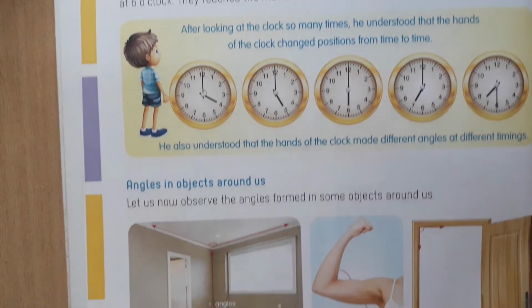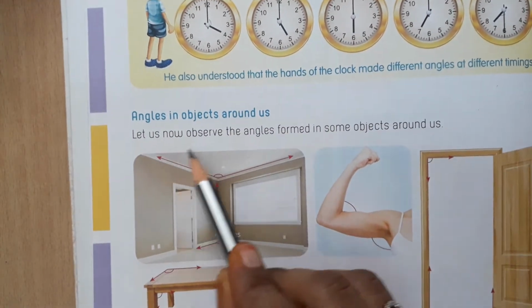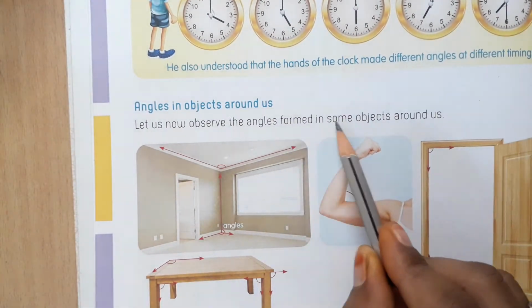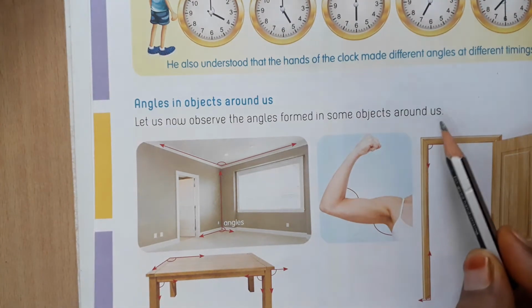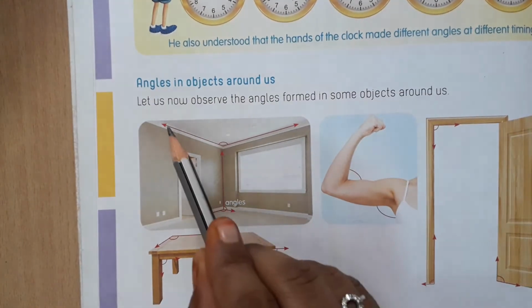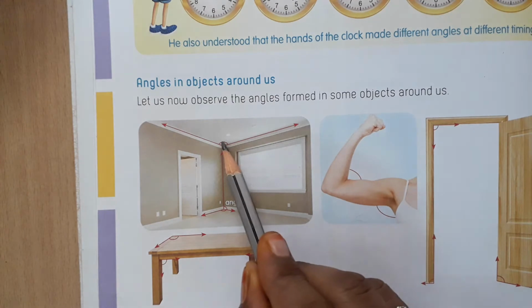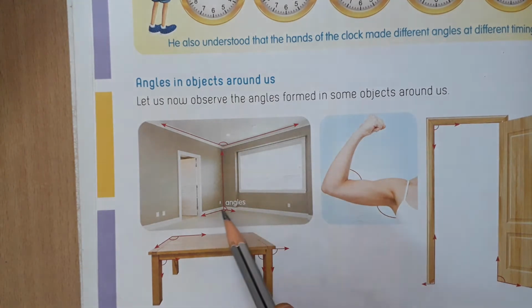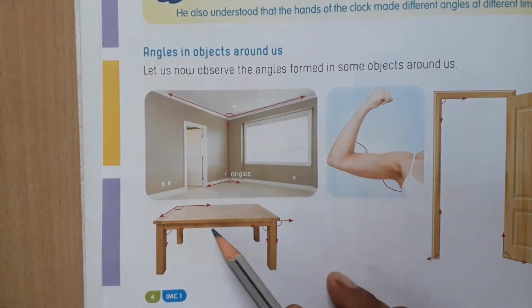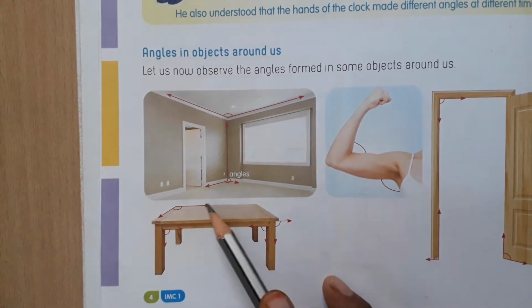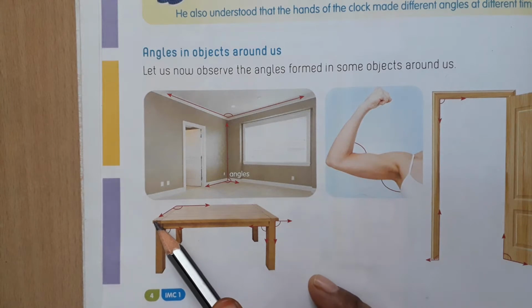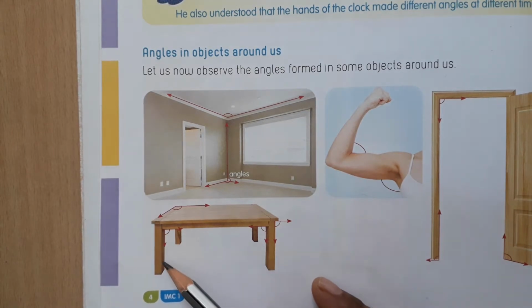Angles in objects around us. Let us now observe the angles formed in some objects around us. Look here. This is one angle and this is one angle. Tables also make angles at the corners of the table.